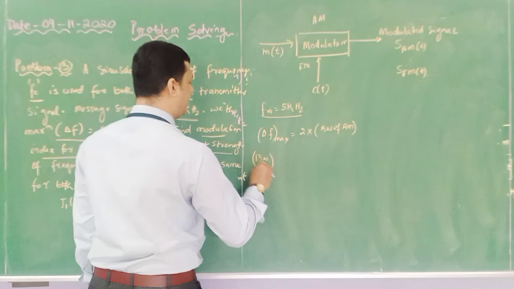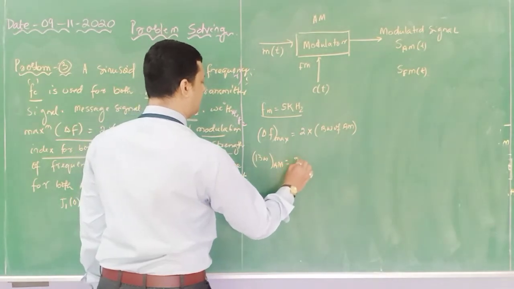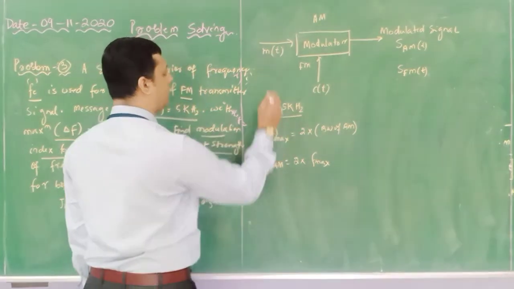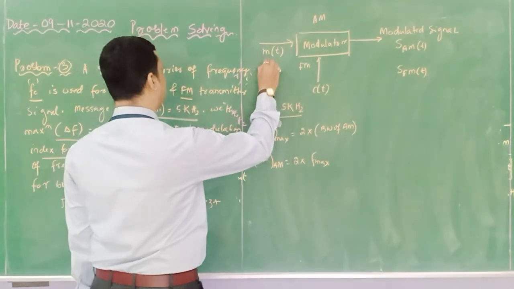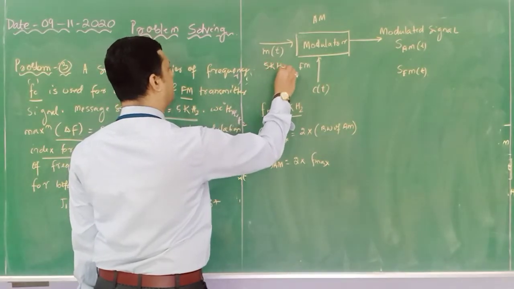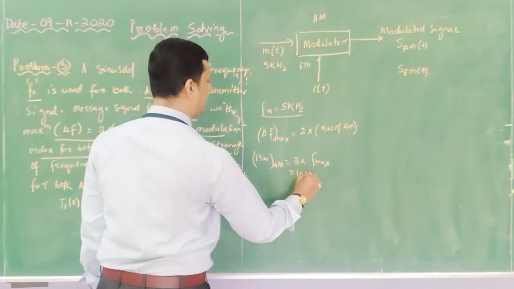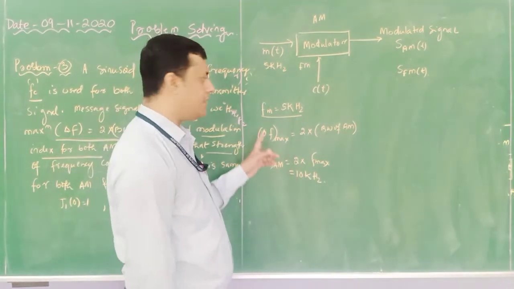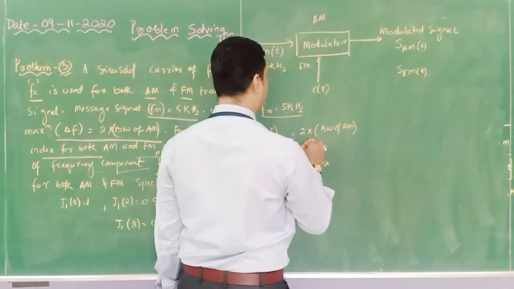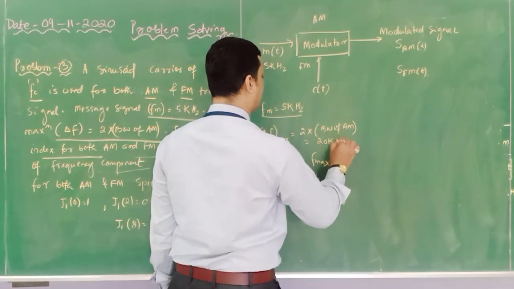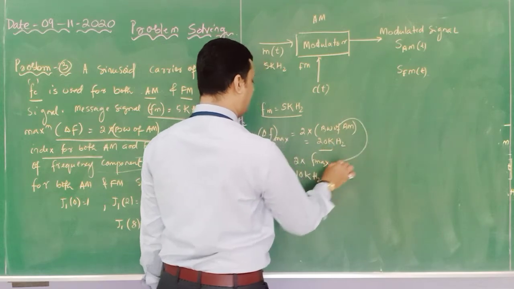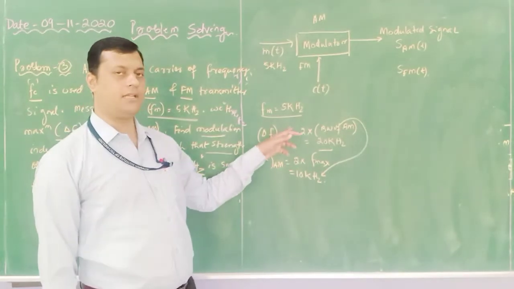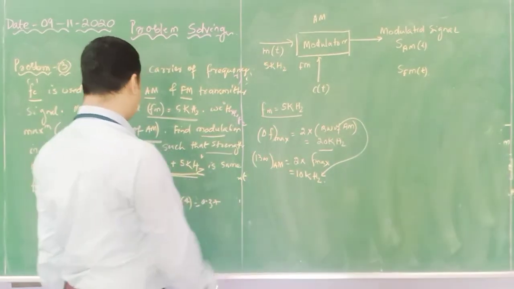Bandwidth of AM is twice the maximum frequency available in the modulating signal. That is 5 kHz, so I will get 10 kHz. If the bandwidth of AM is 10 kHz, then the frequency deviation will become 20 kHz.